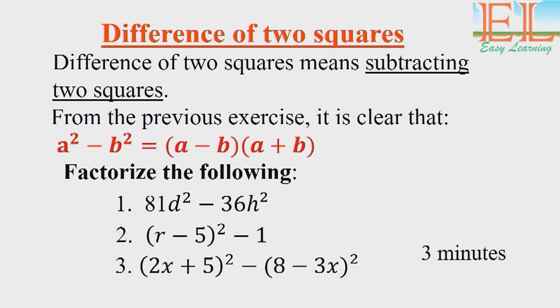And 3. 2x plus 5 all squared minus 8 minus 3x all squared. I know you can apply the same principle to factorize this. Try it with your friend for just 3 minutes and let's see.